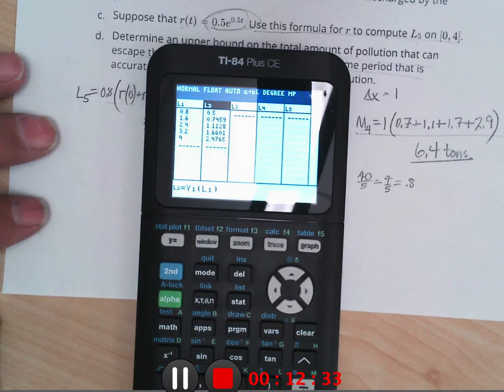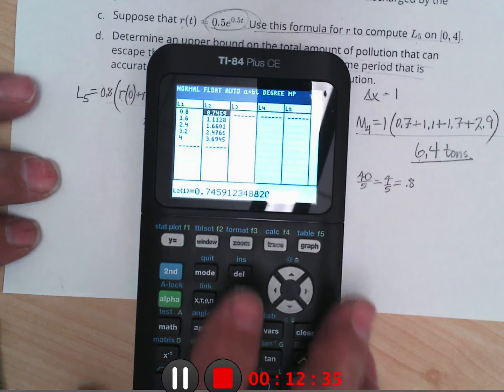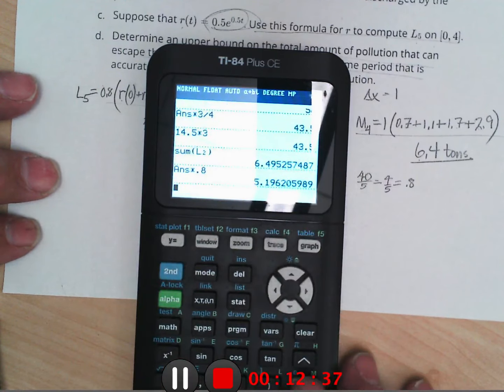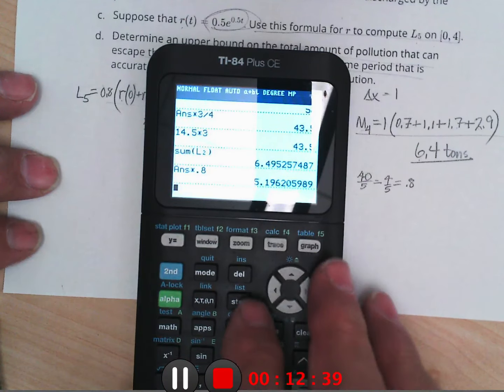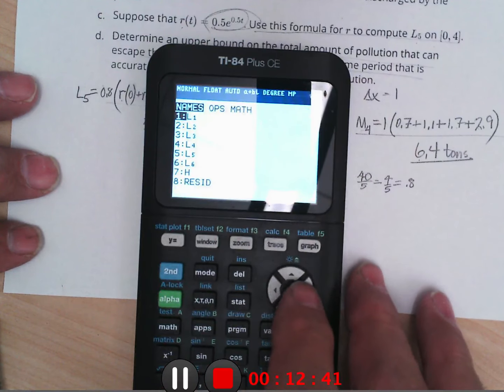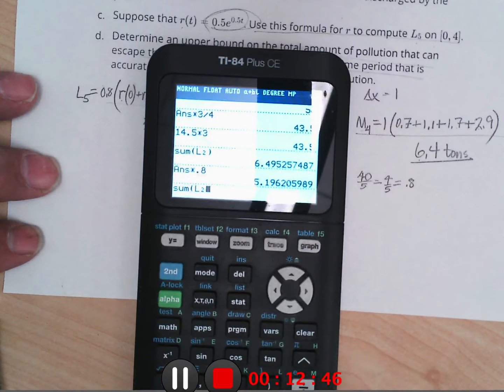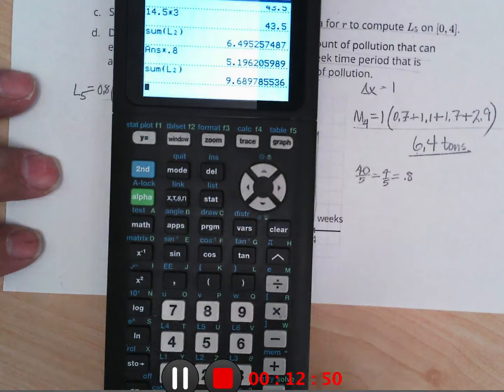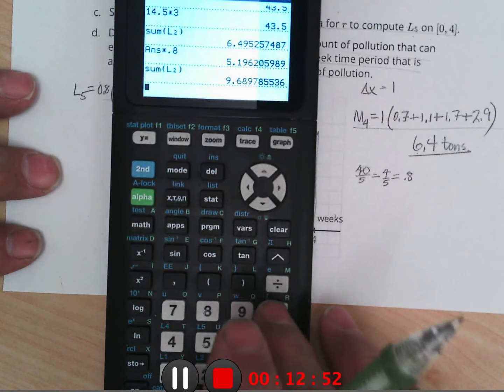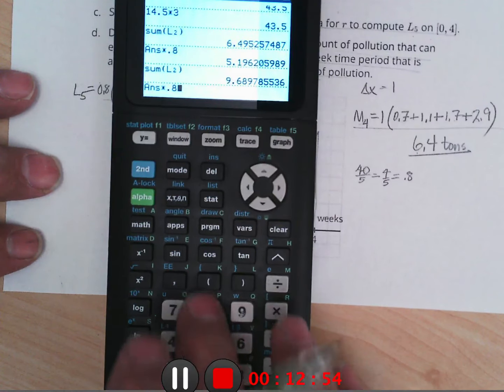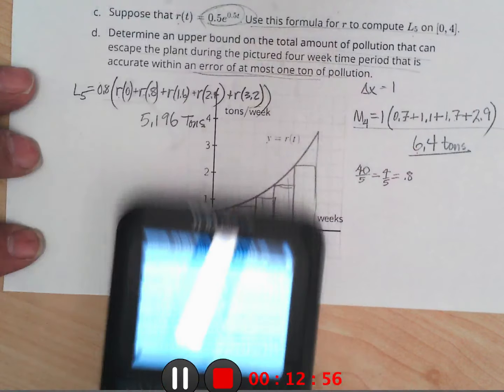There's the new values. Second quit. Get the sum of that list. Second stat, math, sum of second 2, list 2. I get 9.68 times the width of the interval, which is 0.8. I get 7.75.